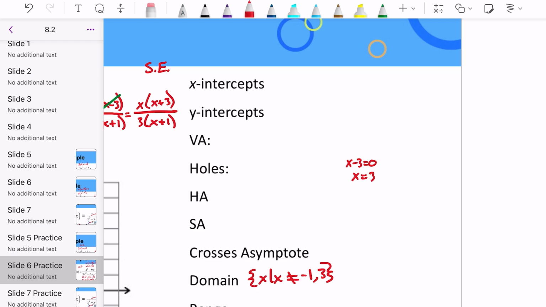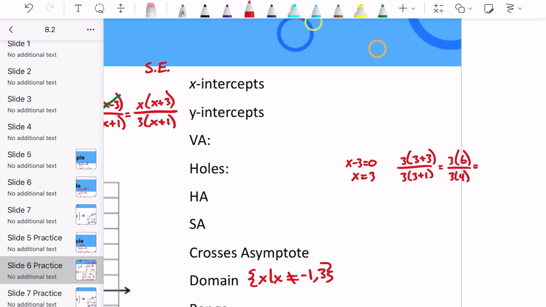We would plug the 3 into our simplified equation to solve for the y value, which would be 3 times 3 plus 3 over 3 times 3 plus 1. This would be 3 times 6 over 3 times 4.